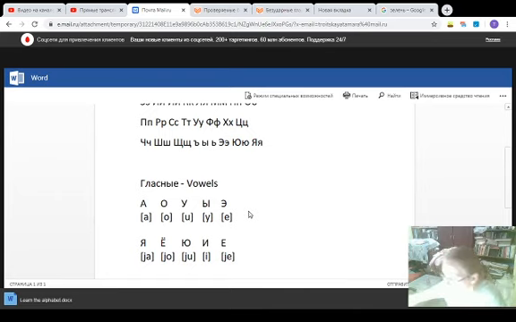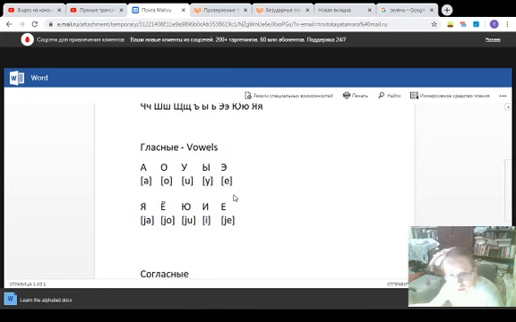A lot of Russian people make mistakes while writing, with commas and so on. My father makes a lot of mistakes with this, so maybe it is complicated, but it's okay if you make a mistake.